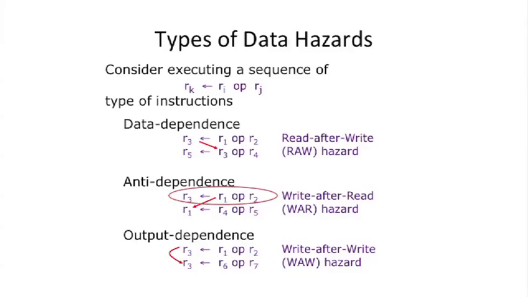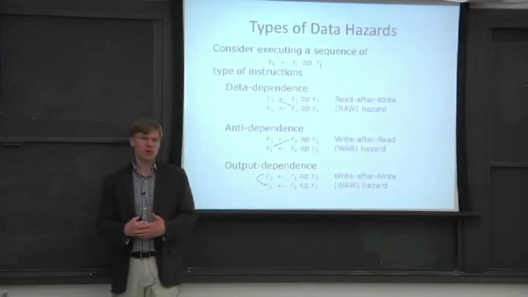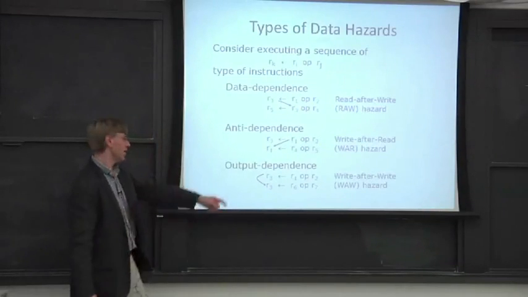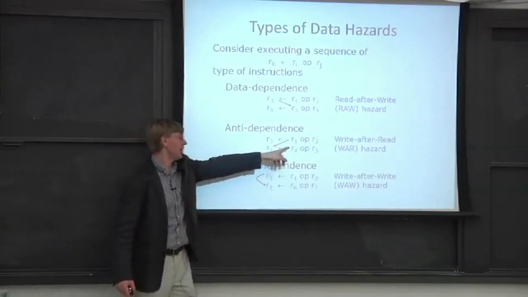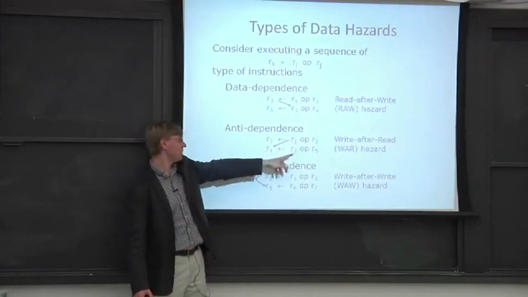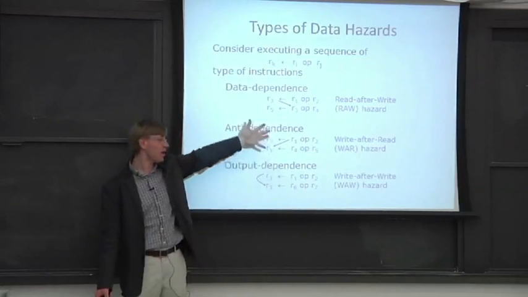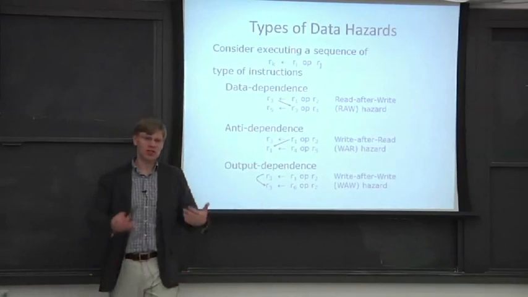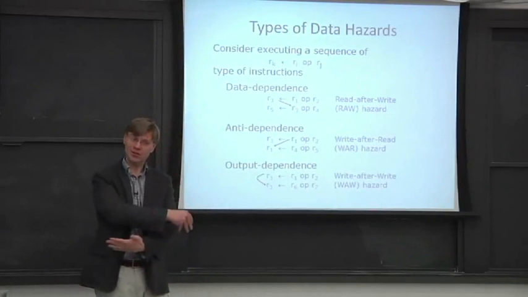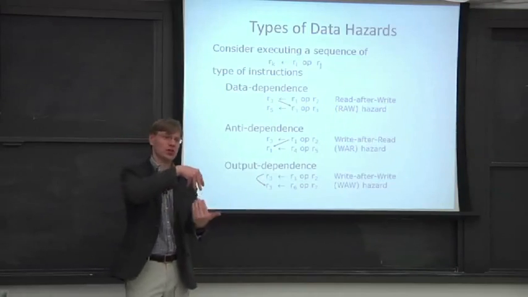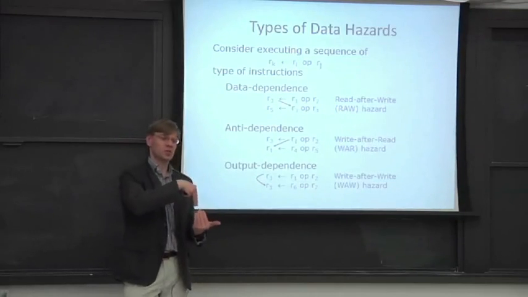If you do everything in order, and your instructions are just slowly flowing down the pipe, and you're only executing one instruction at a time, you're going to read register 1 here, and then a whole lot of time later, you're going to write register 1, so nothing bad happens. But if you start to execute instructions either out of order, or multiple instructions at the same time, you can start to come into some problems.